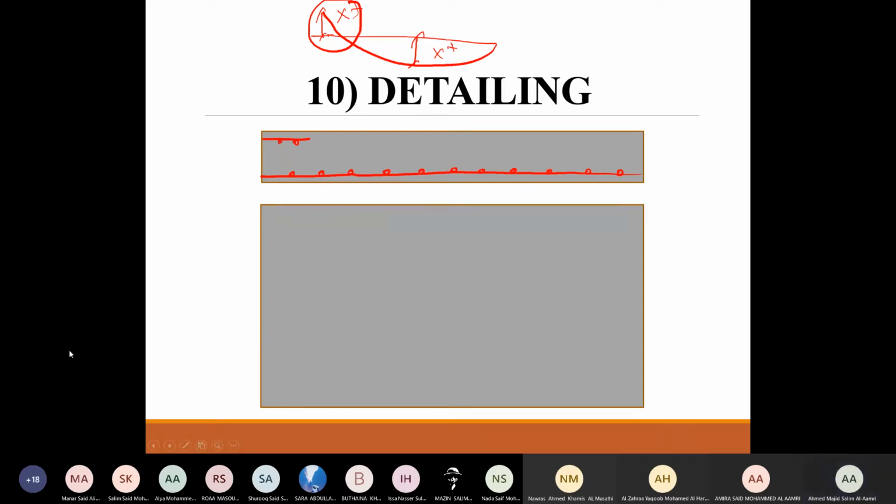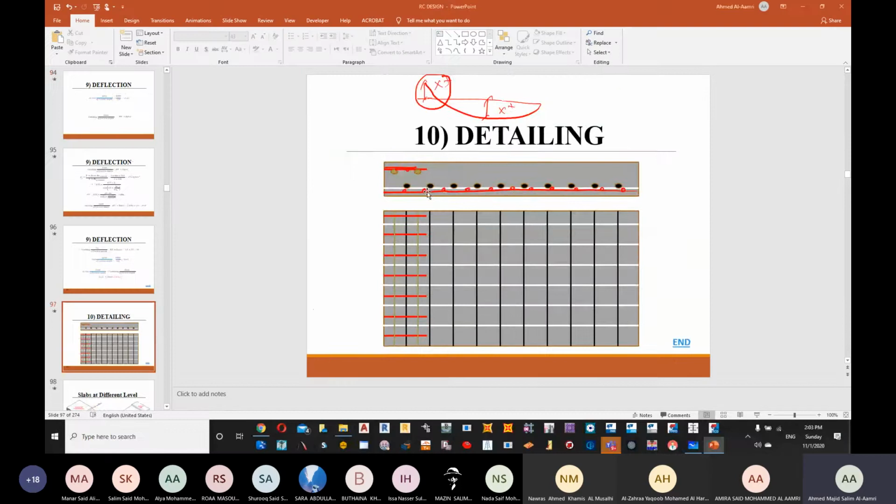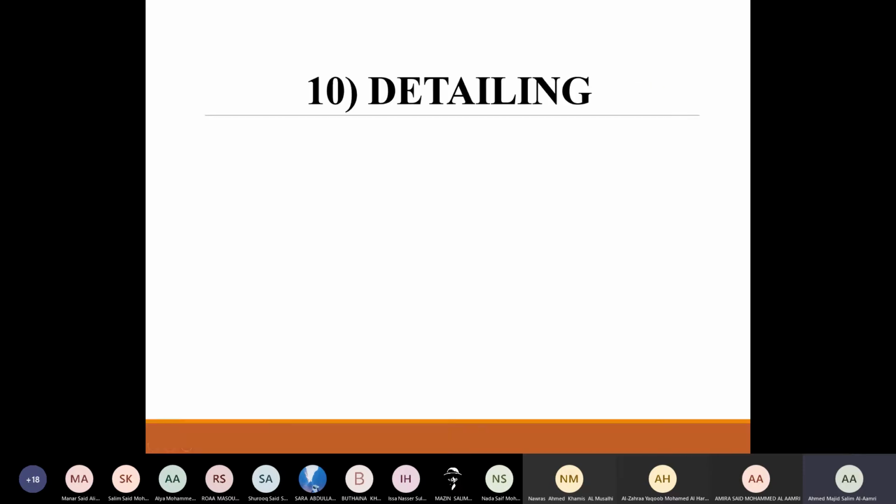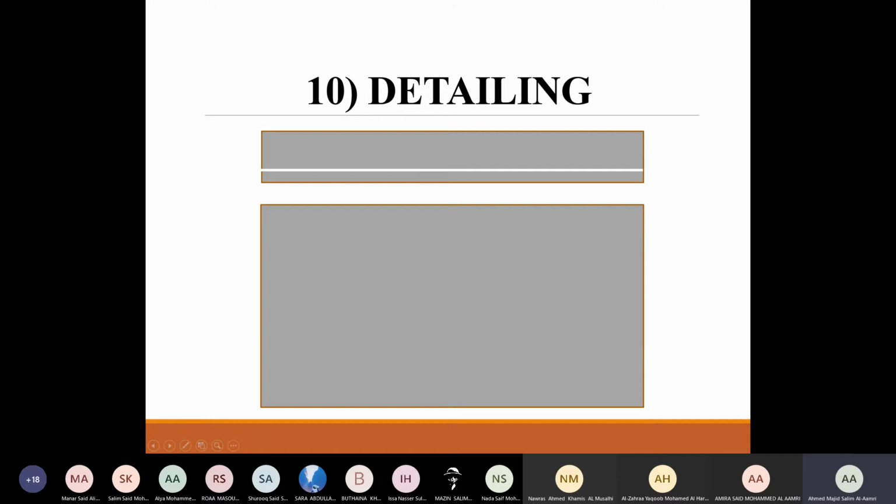So that is going to be a section and this is going to be a plan. Anyhow, to make it a bit clearer, I'm just going to delete this one. We're going to see it step by step. So you can see this is going to be representing, once again, the bending moment diagram. We have x positive and we have x negative.